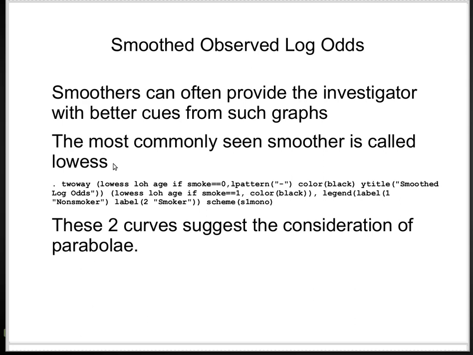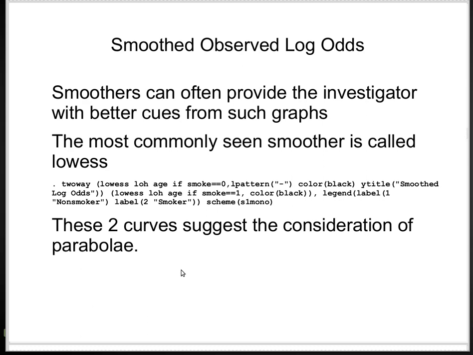But instead of displaying the actual observed log odds that have been estimated, let's look at the smoothed versions of these. So we're trying to get at what the signal is and remove the noise. That's some of the lingo that's sometimes used here.